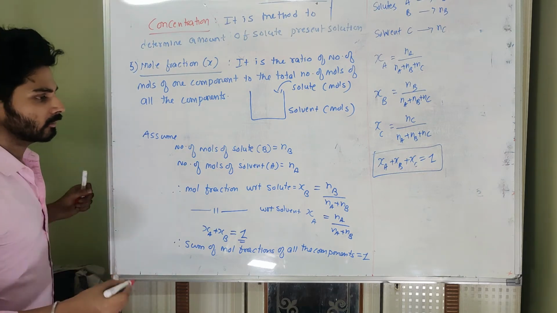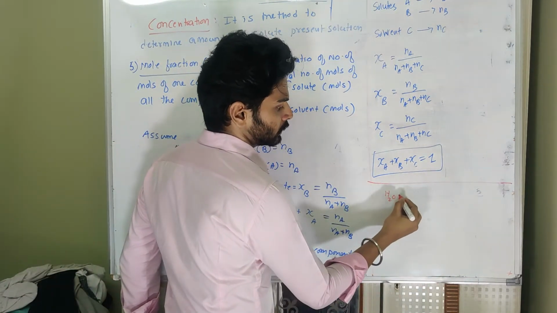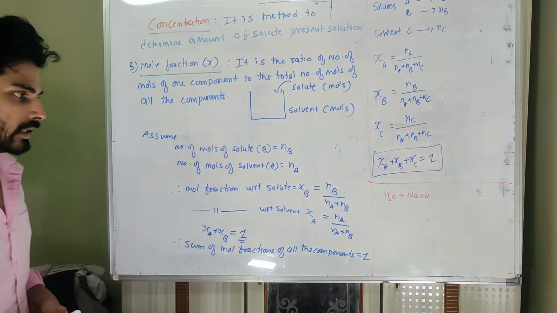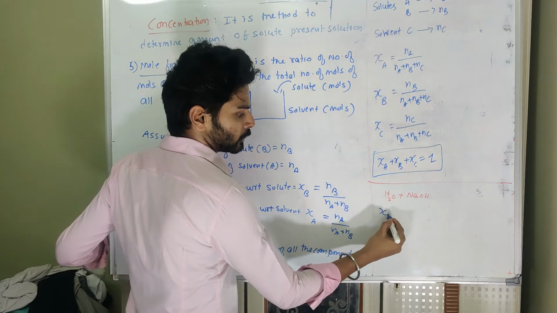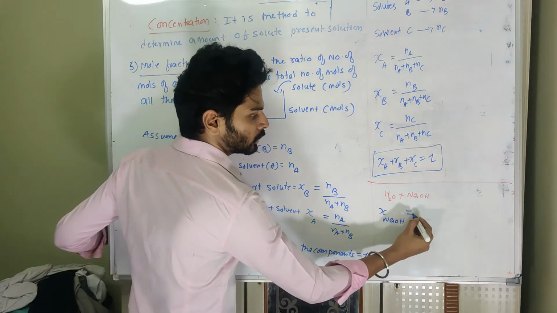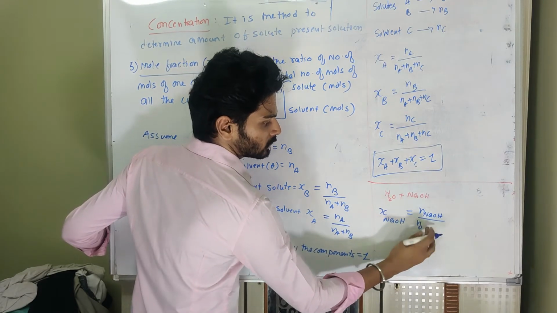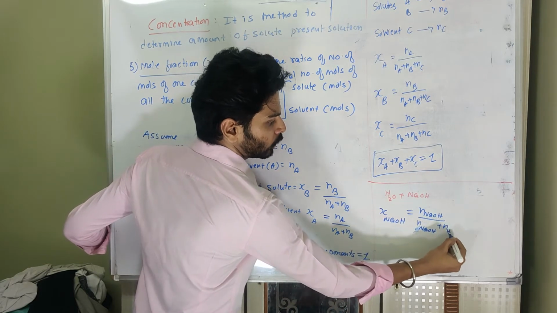Let us say one example I'm talking about, let us say water is mixed with, let us say, NaOH. Now formula is very specific. Here it is a general formula. Now with respect to NaOH, I will write XNaOH is equal to its mole NaOH divided by total moles NaOH plus NH2O.